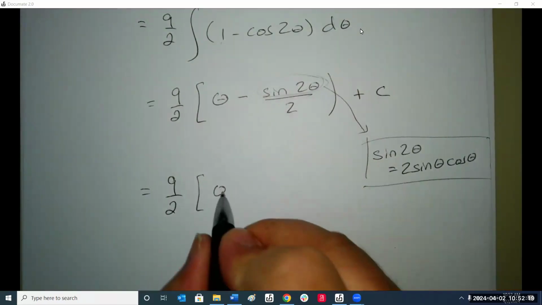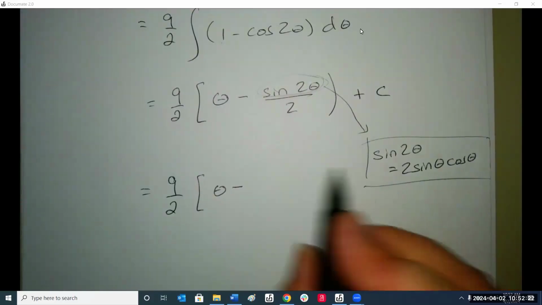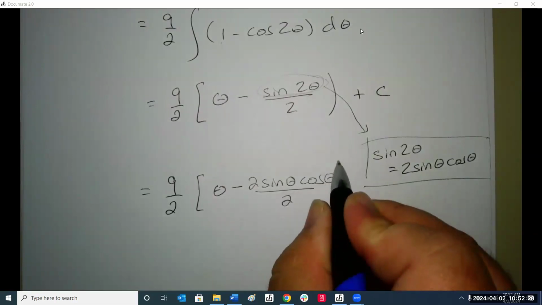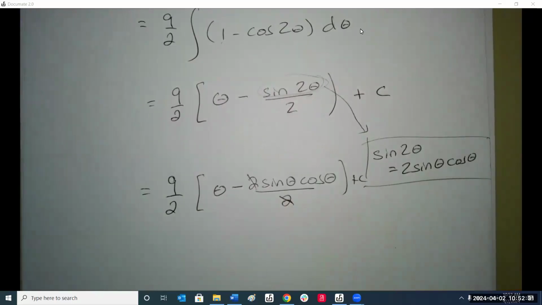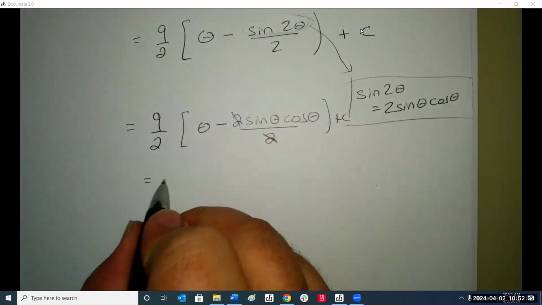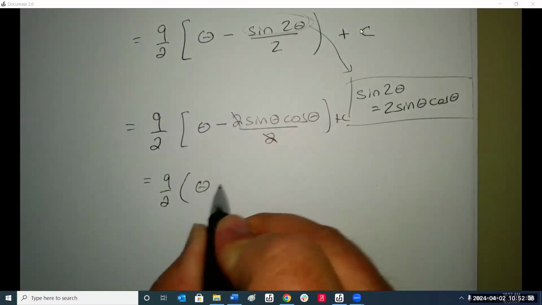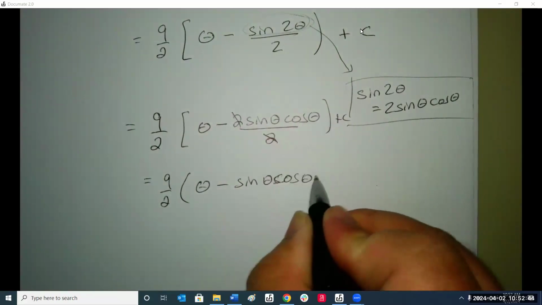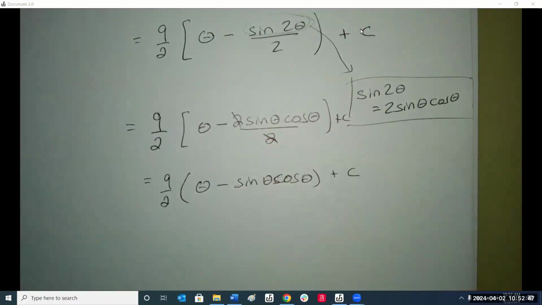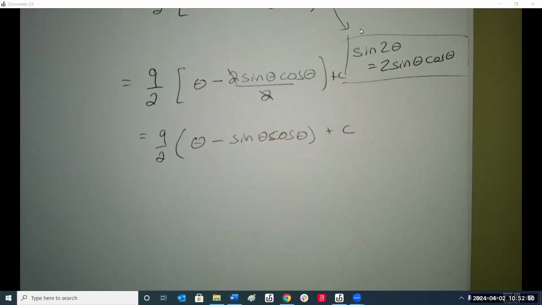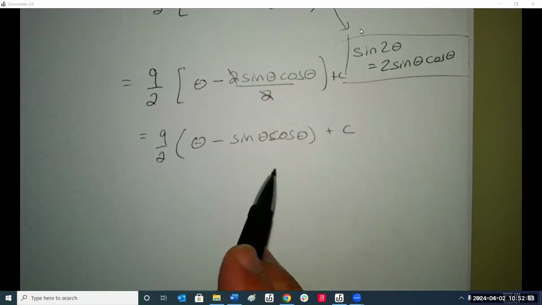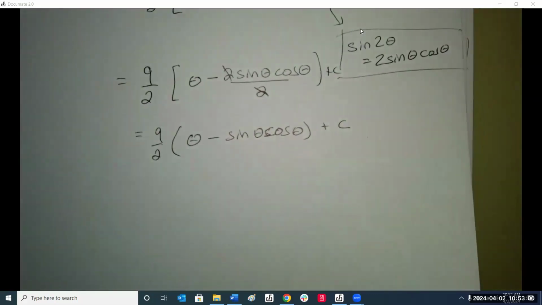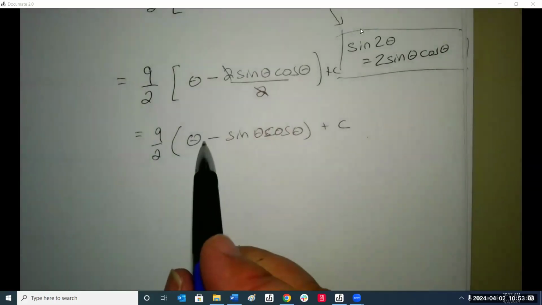So we get theta minus 2 sine theta cosine theta over 2 plus c, and the 2's cancel. All right. Now we have to convert.